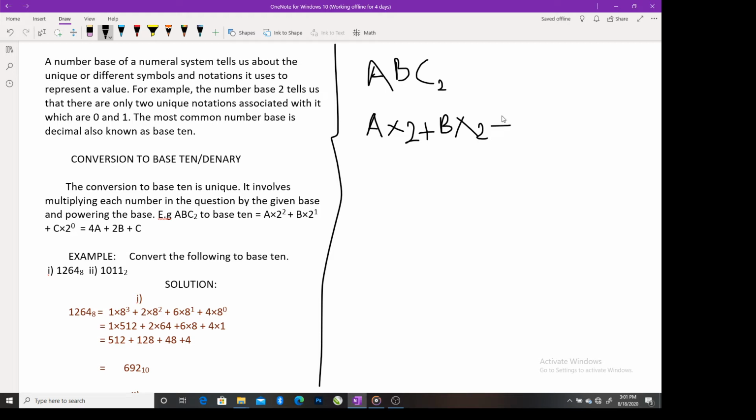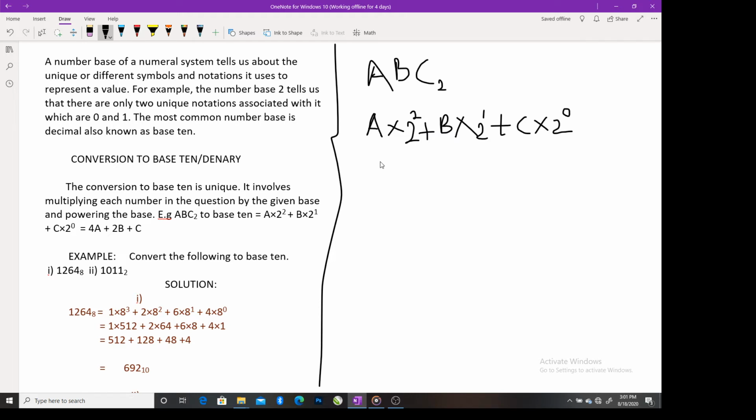You pick the third one, plus C times 2. If you have other numbers on and on like that, you start powering the base from 0: the first base 0, the second base 1, the next base 2. You continue like that in that order if you have more numbers.